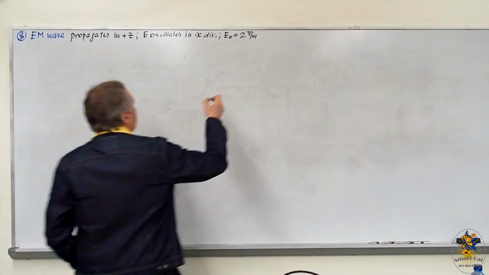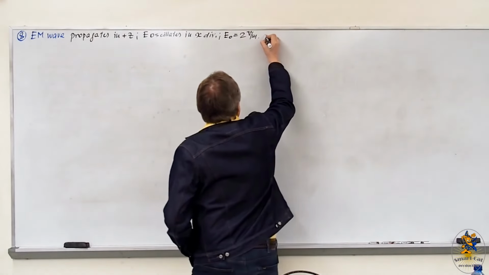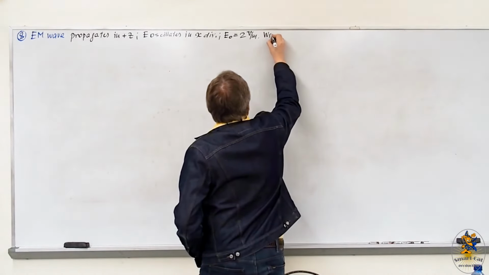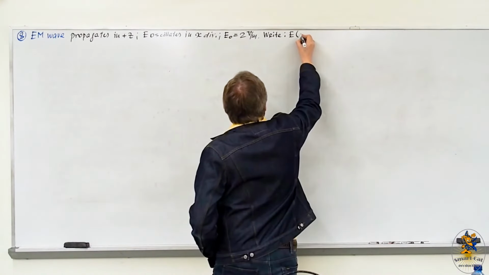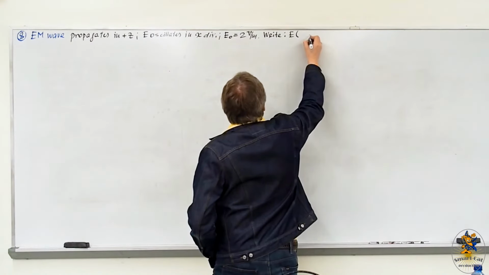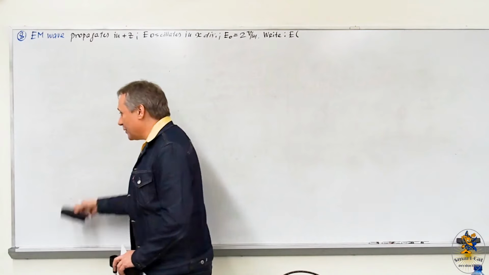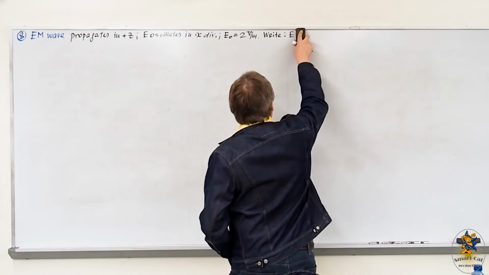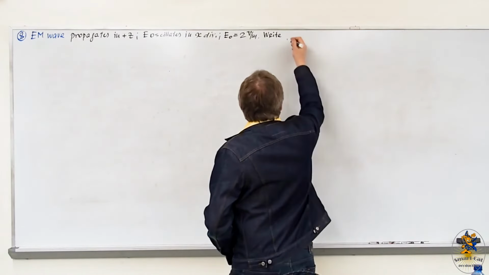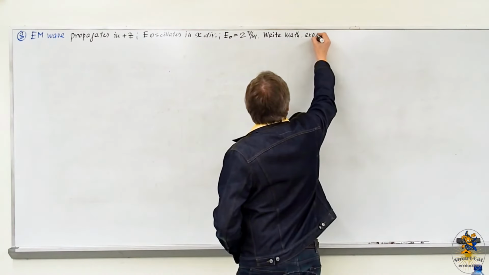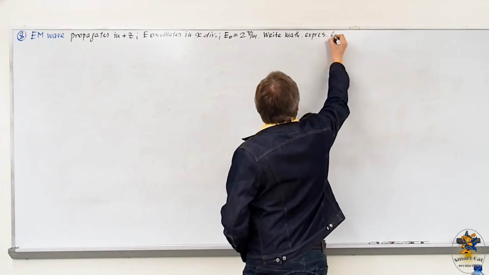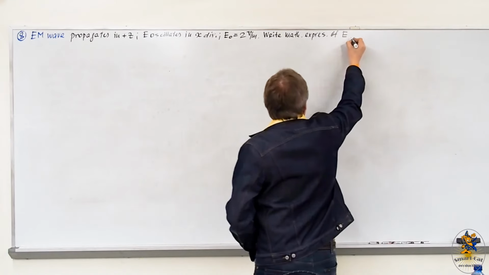So we'll have to write E as a function of... I don't want to write it immediately, because I will write the answer immediately, part of the answer. So let me write math expressions of E and B.